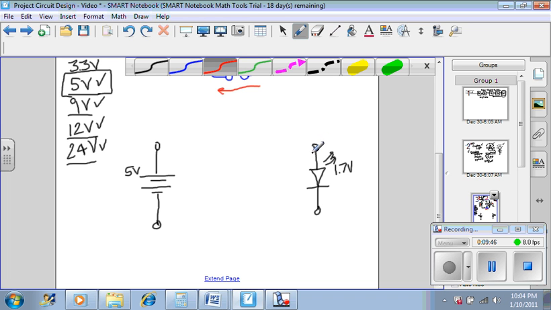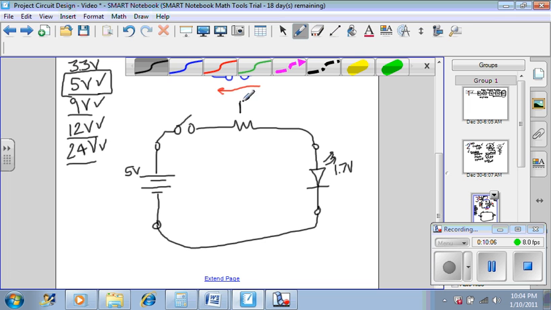Now there are many ways to do this in electronics, but the easiest and simplest way would be simply to insert a resistor in series with the circuit and then calculate the right value of the resistor that will reduce the voltage so that the final voltage available for the LED will be 1.7.